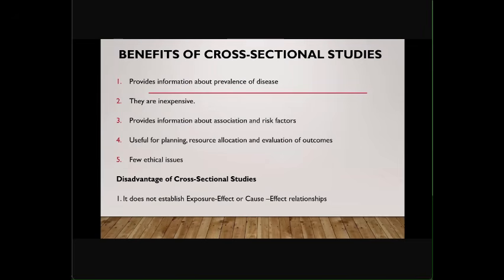If you find out high blood pressure is prevalent, you begin to plan on what to do. You begin to allocate resources, equipment, manpower, facilities, and the rest of them. If you are carrying out intervention programs, you begin to evaluate outcomes, whether these intervention programs are really yielding effect or not.